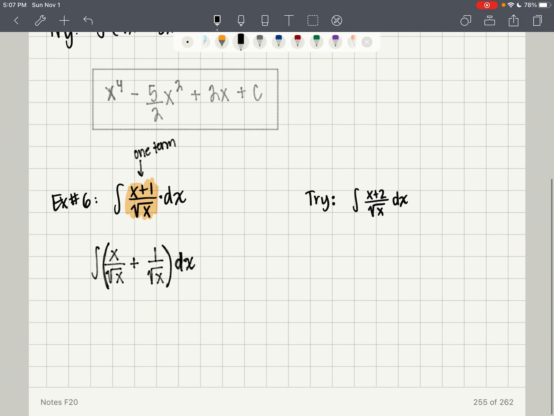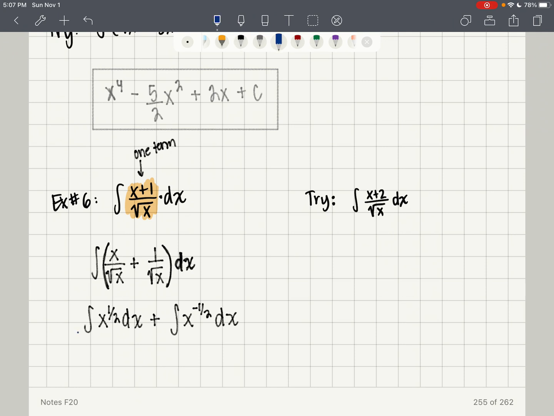So now I'm going to separate this out. x over x to the 1/2 is just x to the 1/2 dx plus x to the negative 1/2 dx.